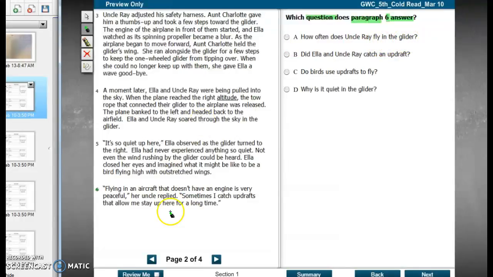Well, it doesn't tell us how often he does that, so we can get rid of A. B, did Ella and Uncle Ray catch an updraft? Well, as you see here, it says sometimes I catch updrafts that allow me to stay up here for a long time. So I might dash that one, come back to it. C, do birds use updrafts to fly? Well, I don't see anything about birds in there, so we can get rid of C.